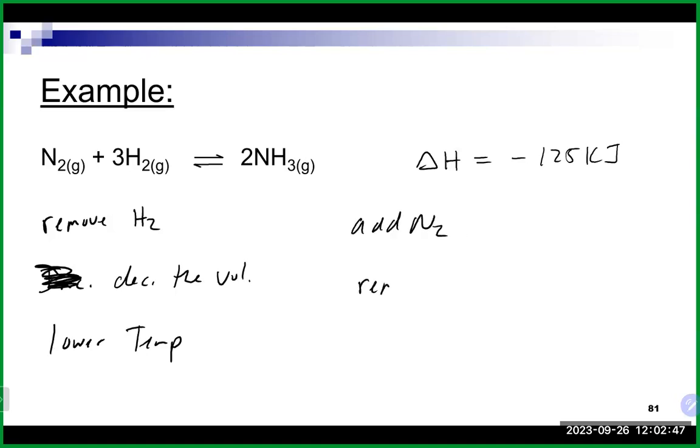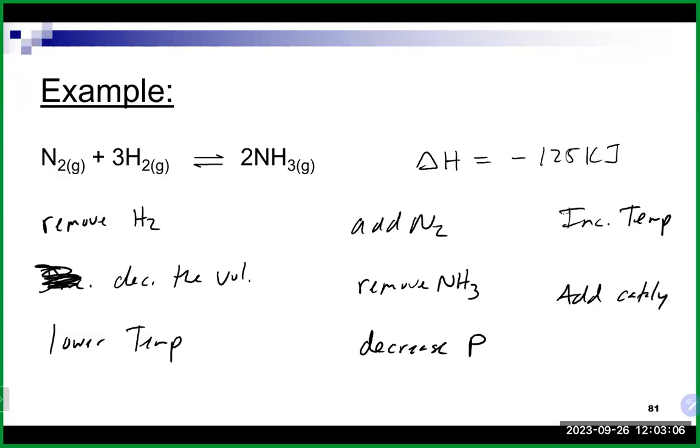I remove NH3. I decrease the pressure. I increase the temperature. I add a catalyst. All right, so again, will we go to the right, go to the left, or will there be no change in this case for each of those things, based on my made up delta H value?